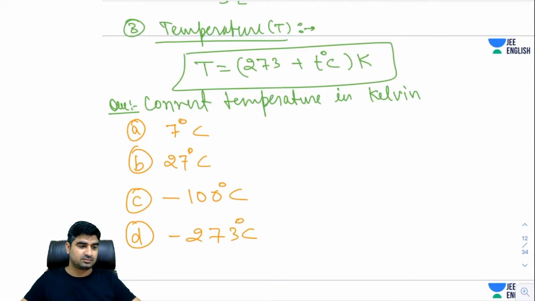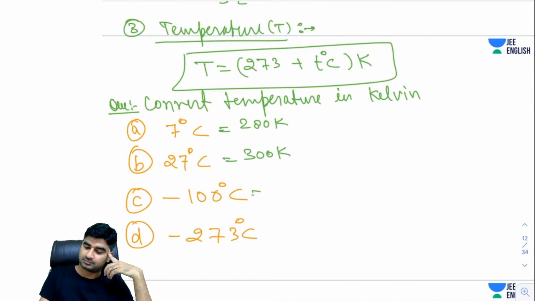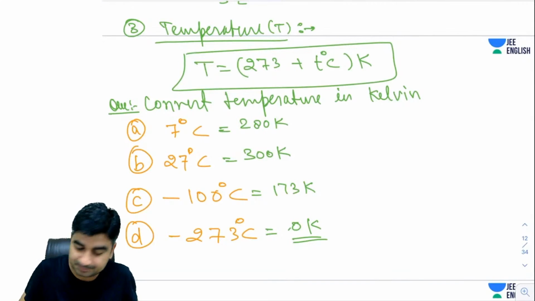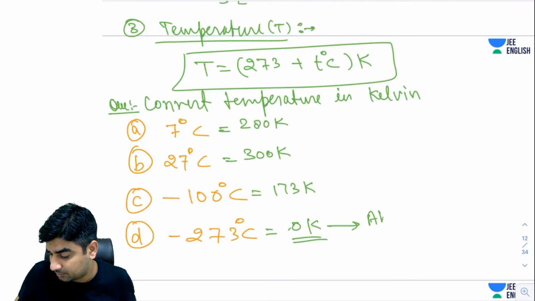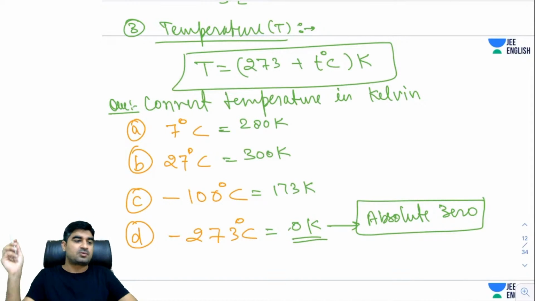Very easy. It will be 0 Kelvin. So, yes, this is called absolute zero. This is called absolute zero.